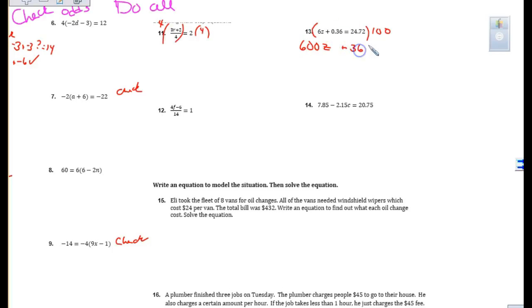Some of you will make less mistakes when you don't have decimals. Can you do it with decimals? Yes, it works. Okay. So, make sure if you get started on these, we did number 1. You're going on to number 2. Show your work. Your work needs to look like this.